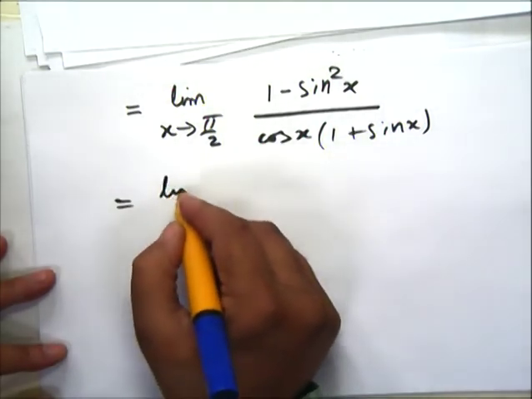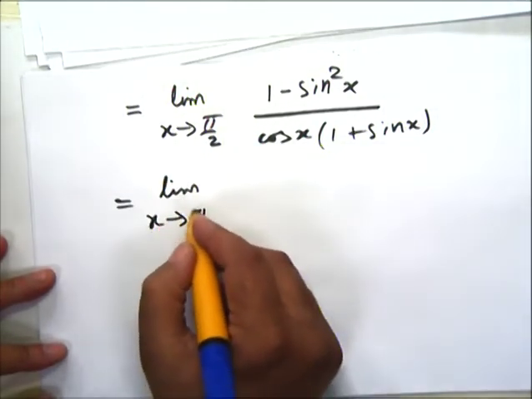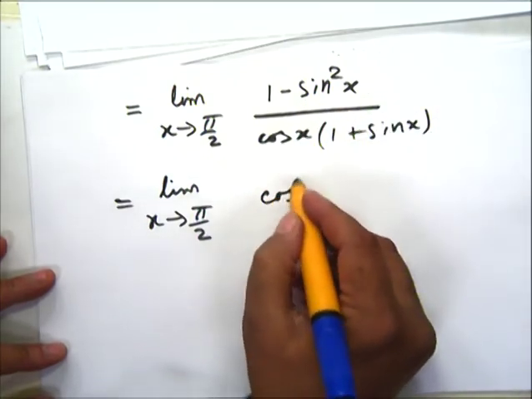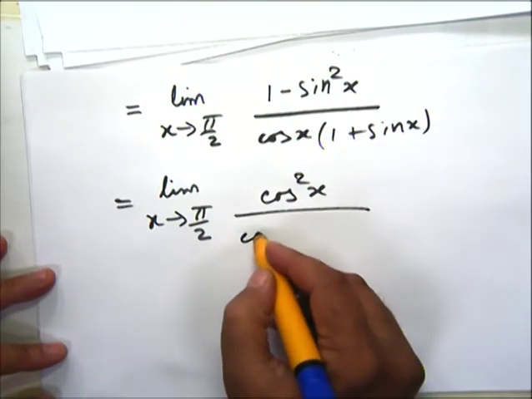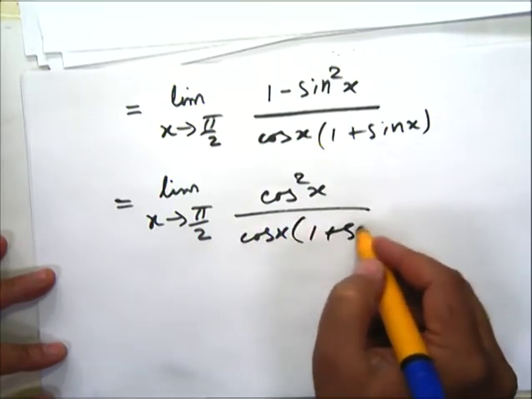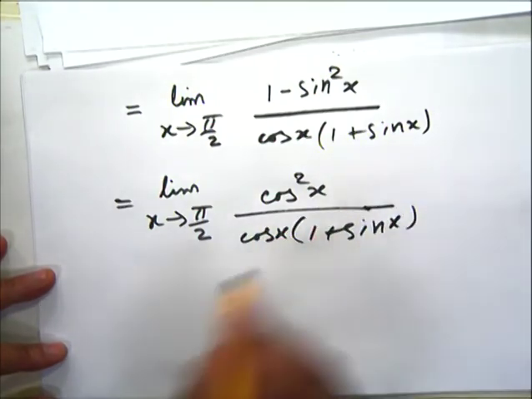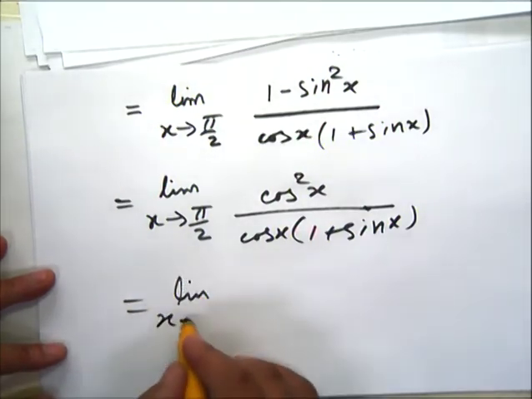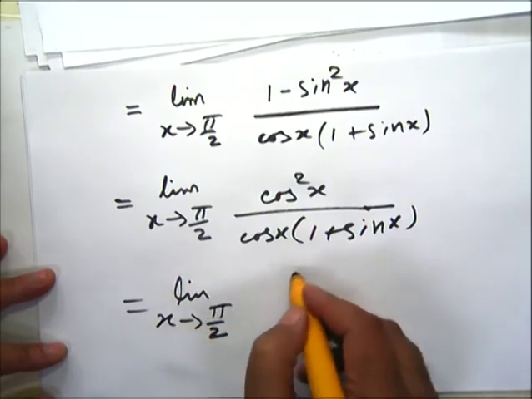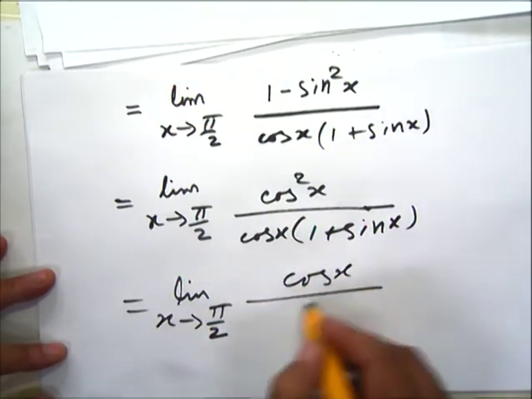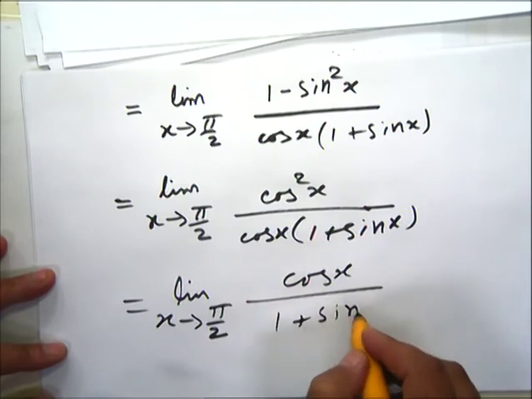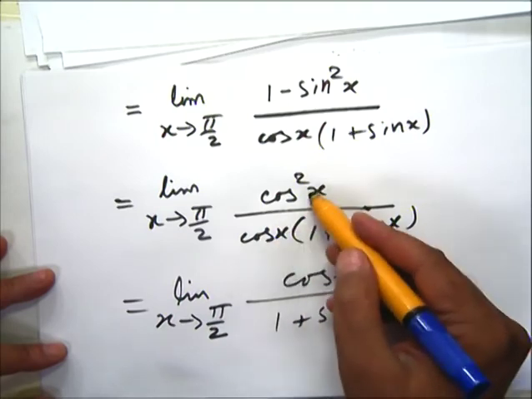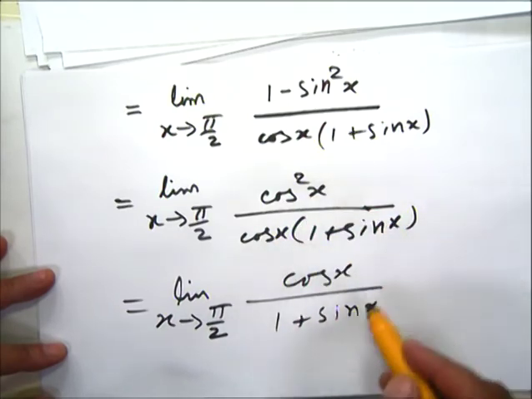And 1 minus sin square x is cos square x, so cos square x upon cos x into 1 plus sin x. So we have limit x tends to pi by 2 of cos x upon 1 plus sin x. We have cancelled one cos x, so here only cos x and 1 plus sin x.